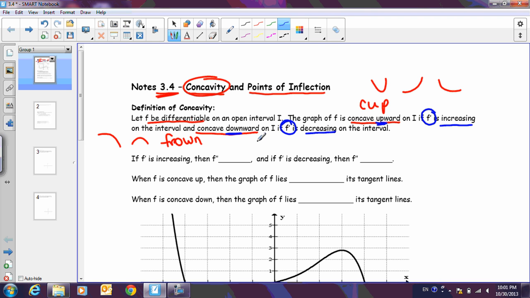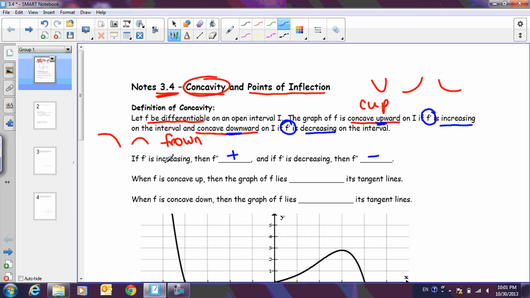If the function is just how far you've gone in your car, the derivative would be your velocity, and concavity has to do with the second derivative, or the acceleration, the rate of change of the rate of change. So if f prime is increasing, then we know that f double prime is positive. On the other hand, if f prime is decreasing, then f double prime is negative.